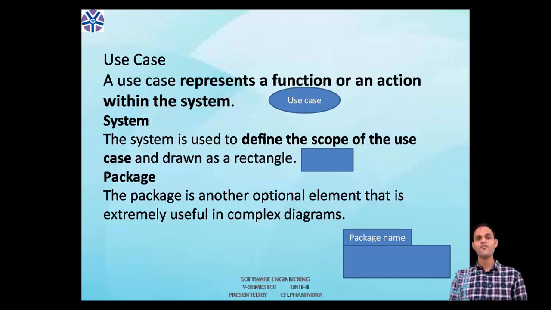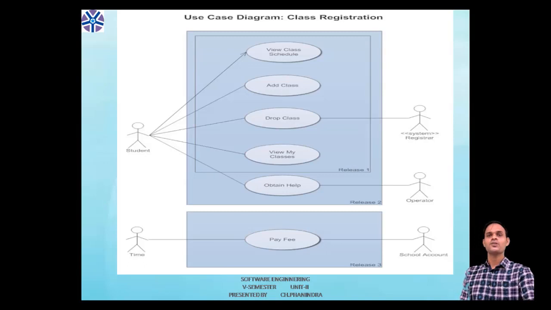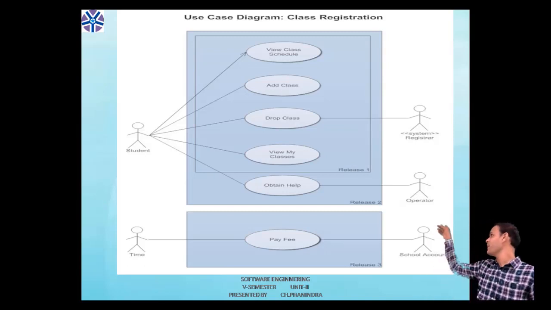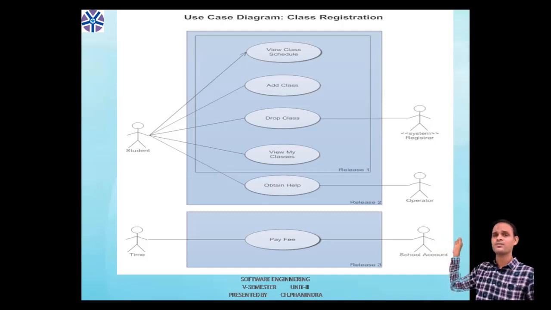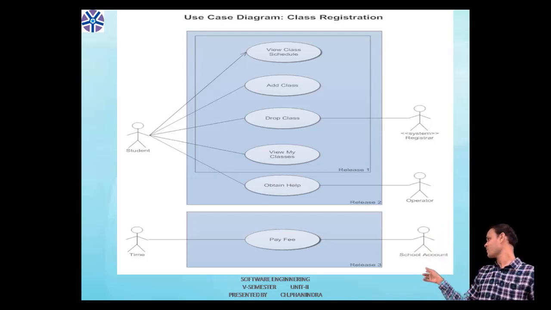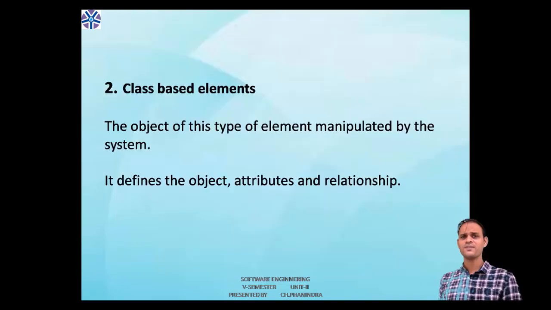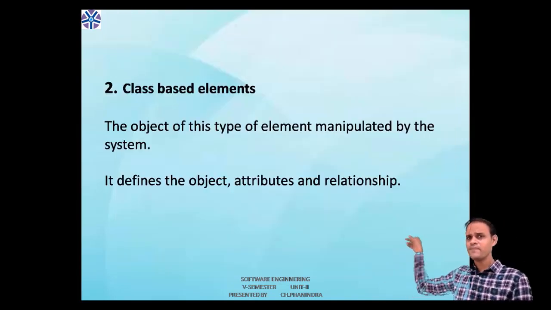So in the diagram, see the class registration example: the actor is the student, who pays the fee structure and lists classes like that. Based on this diagram we can draw use case diagrams. This is the example of a use case diagram. Next, the second element, class based elements.